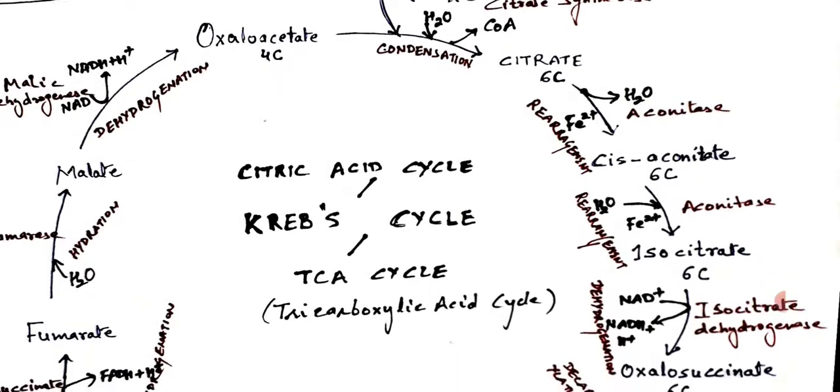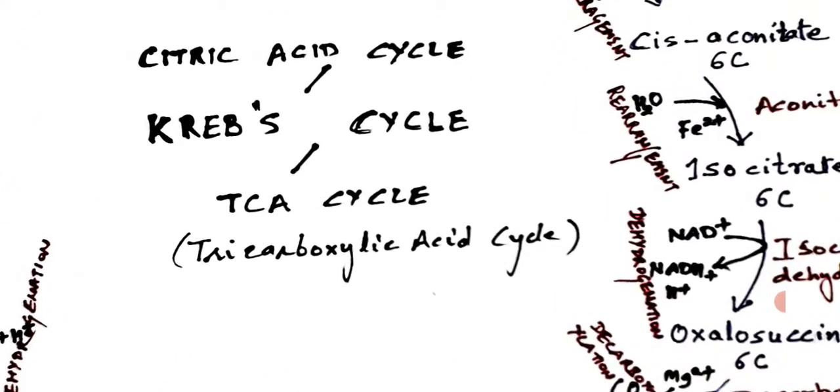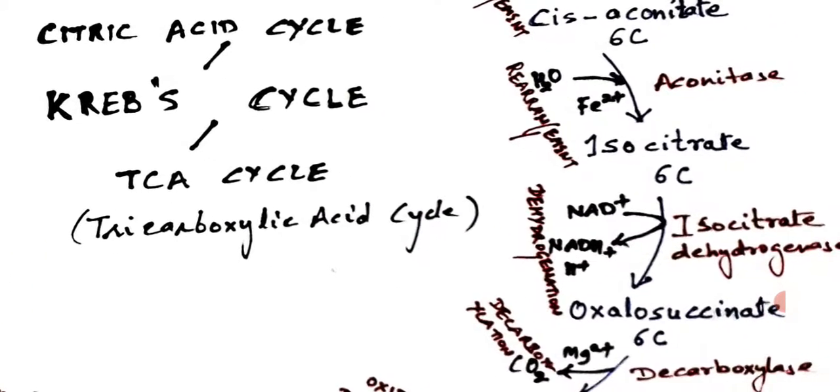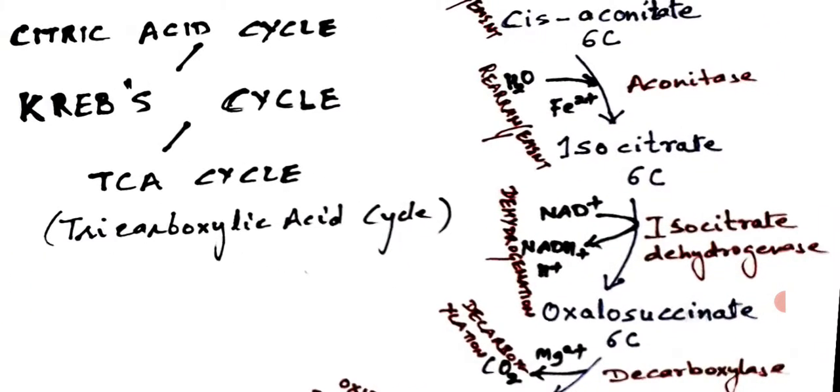Then this isocitrate undergoes dehydrogenation. One hydrogen is removed and this is carried away by the carrier NAD. So NADH is formed, which then enters the electron transport chain to form ATP. So isocitrate is converted into oxalosuccinate, a 6-carbon compound, and this reaction is catalyzed by isocitrate dehydrogenase.